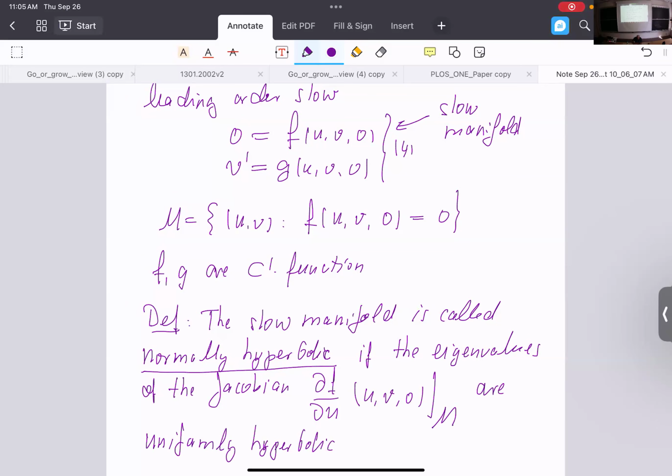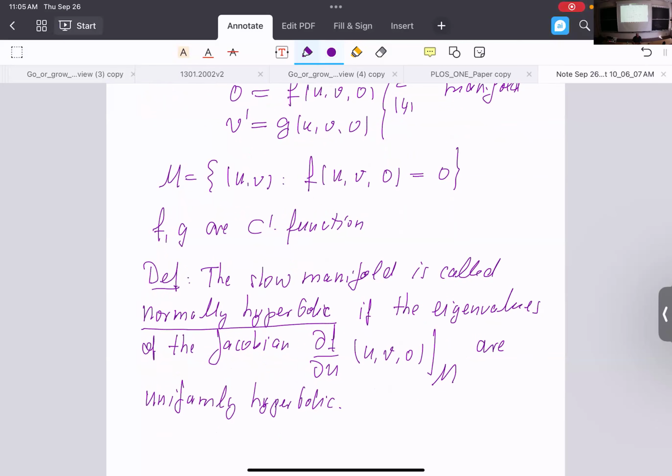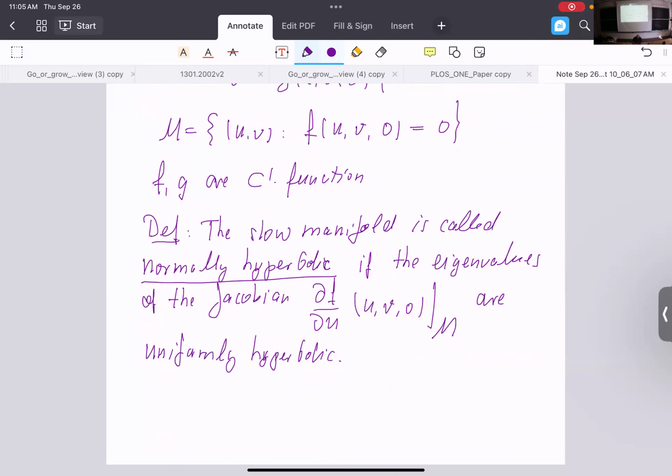Hyperbolic. Okay, so this is a terrible definition, right? I mean, what does this mean? So I tell you what this means.